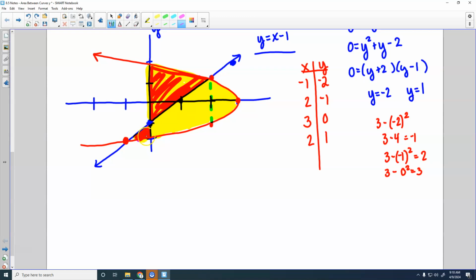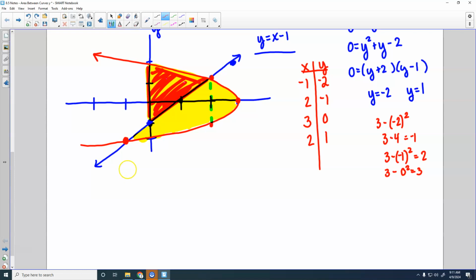I really shouldn't have highlighted that though, I think. It'll take care of itself. There. So we're finding this area and we're subtracting out the area under the blue curve there, which is going to give us this.